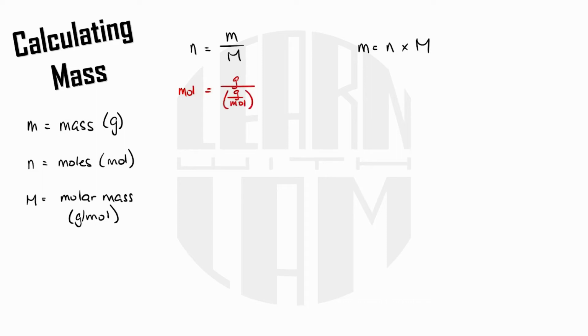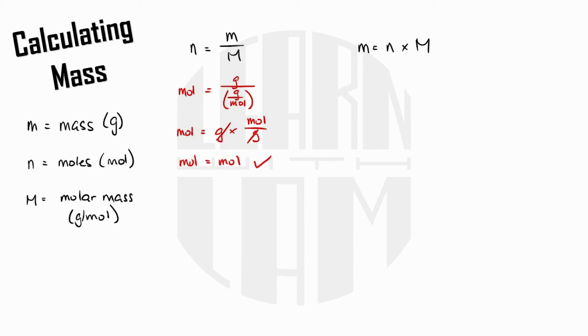Just a reminder that when we're dividing a fraction, you can multiply by the reciprocal instead. So then we can rewrite that equation as moles equals grams times moles over grams. Notice that the grams cancel out, and you end up with moles equal moles, which is of course true.